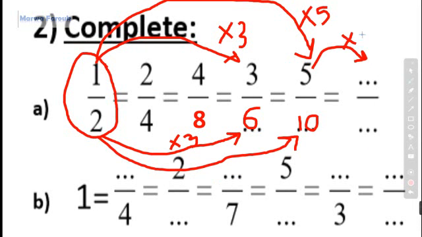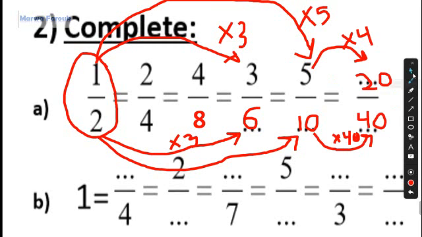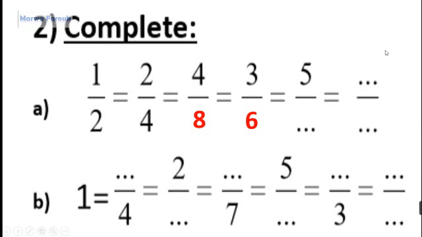We can say 5 times 5, 5 times 2, 5 times 3, or we can say 5 times 4. 5 times 4 equals 20. And we will do the same with the denominator. 10 times 4 equals 40. Excellent. So it will be 20 over 40. Is it easy? Yeah. Okay, let's see if our answer is right. 6 here as we did.